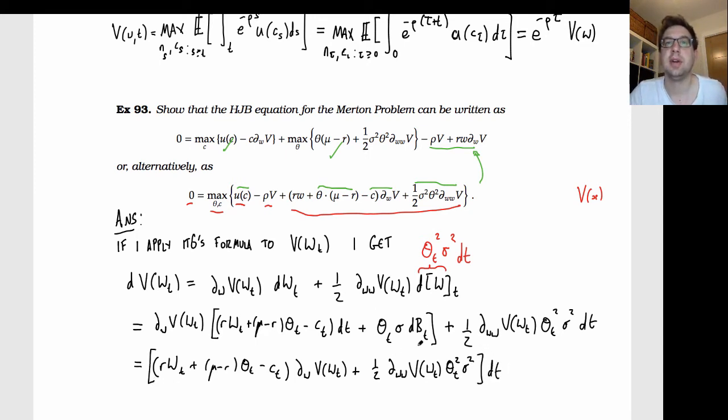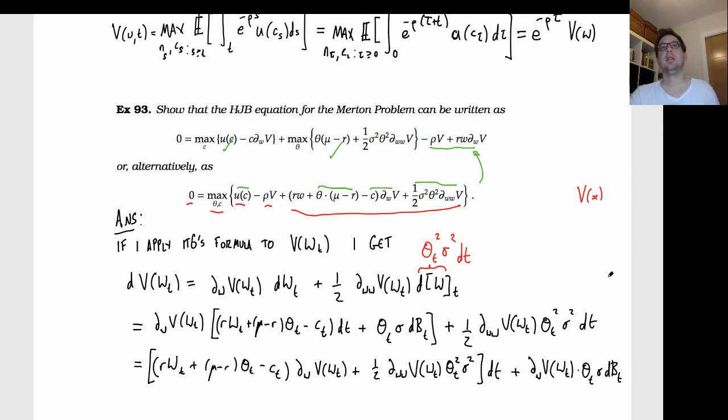Then I've got my final diffusion part, which is the partial derivative of V times theta t sigma dB of t.